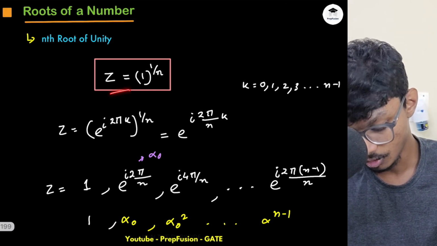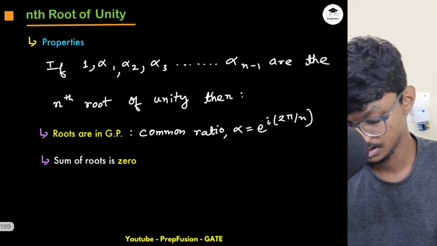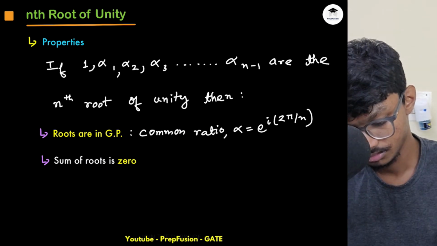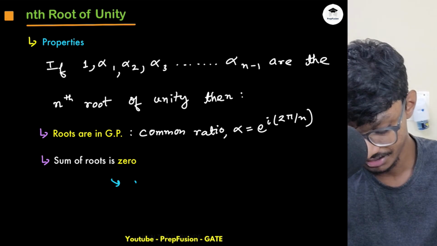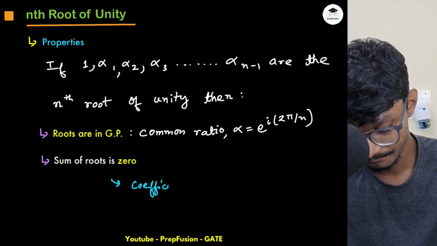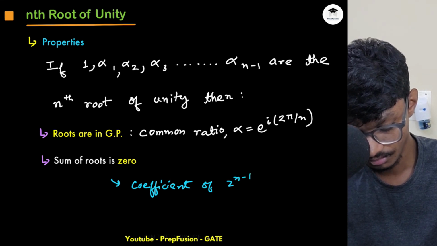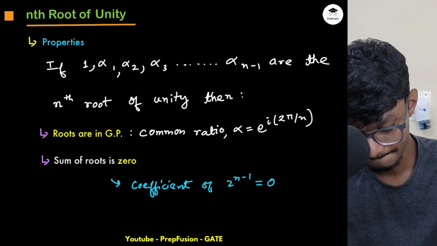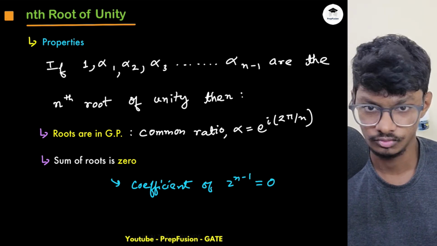Because the coefficient of z raised to power n minus 1 is 0, that is the rule of formation of an equation. Coefficient of z raised to power n minus 1 equals 0. So that's why the sum of the roots will always be 0.